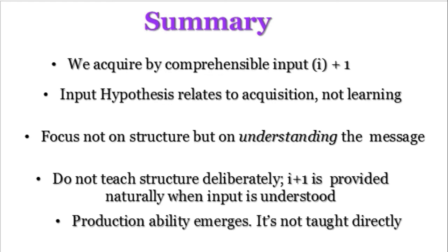The focus is not on the structure, but on understanding the message. Teachers should not teach structure deliberately, but rather I+1 is provided naturally when the input is understood. And finally, production ability emerges over time and it's not taught directly.